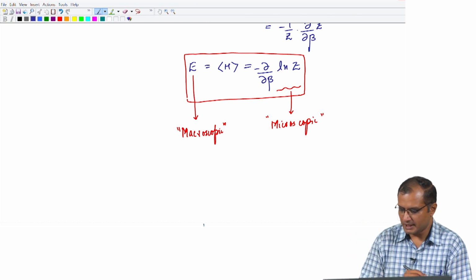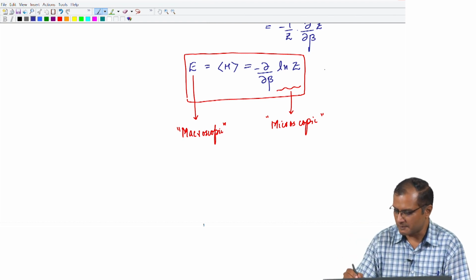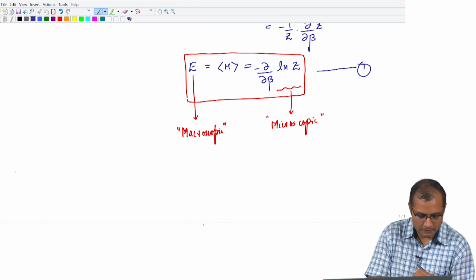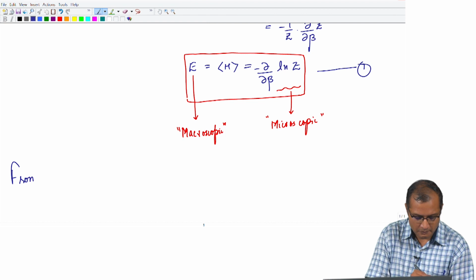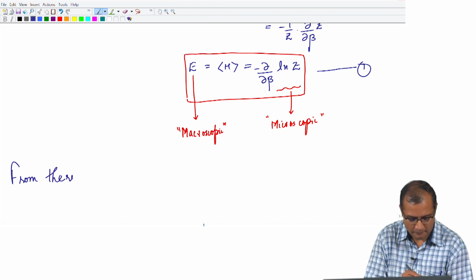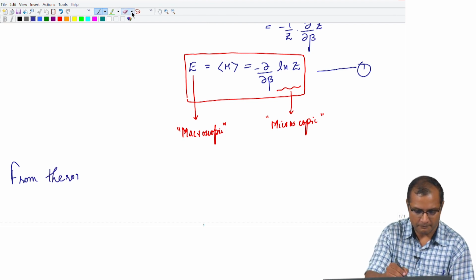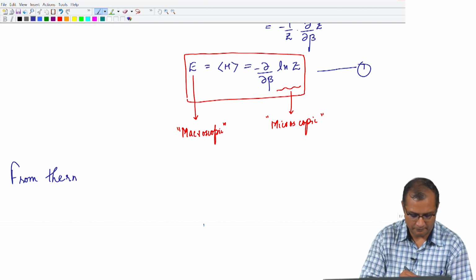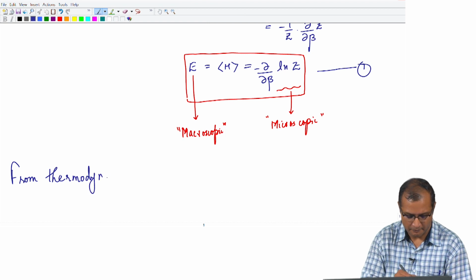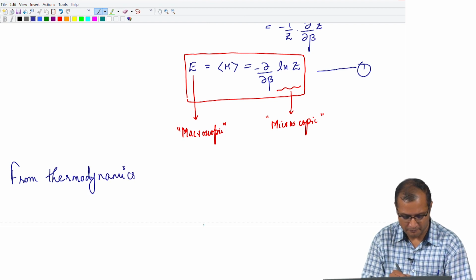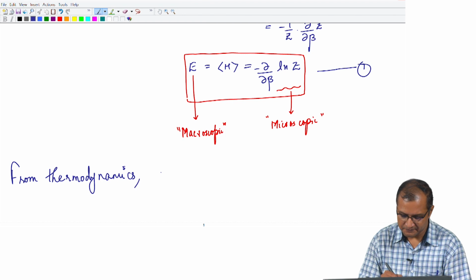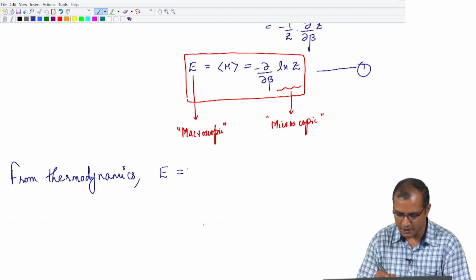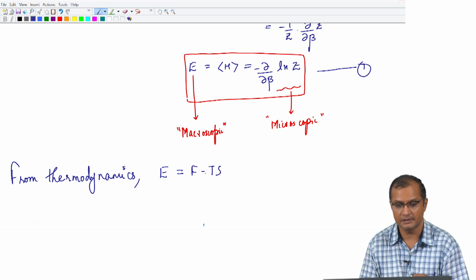So, that can be done by saying that, let us say we call this expression as 1. From thermodynamics, I already know that internal energy is equal to free energy plus Ts.